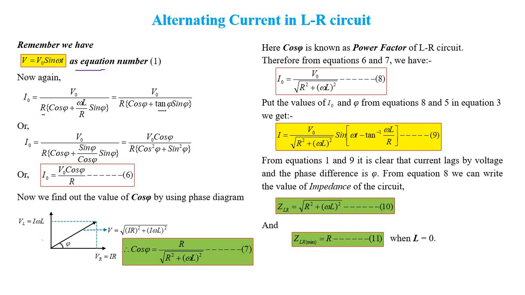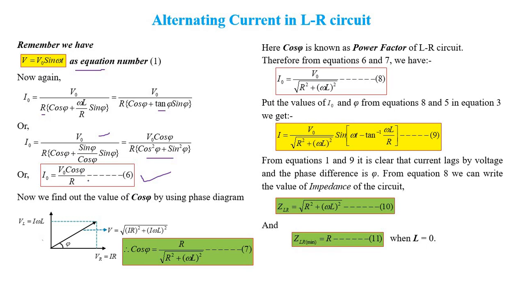Now as you know that tan phi is equal to sin phi upon cos phi, so we have placed this value over here in this equation. So by solving it, we can get V0 cos phi upon R within the bracket cos square phi plus sin square phi. This is equal to 1. So we have got the value of I0 as V0 cos phi upon R. This is equation number 6.